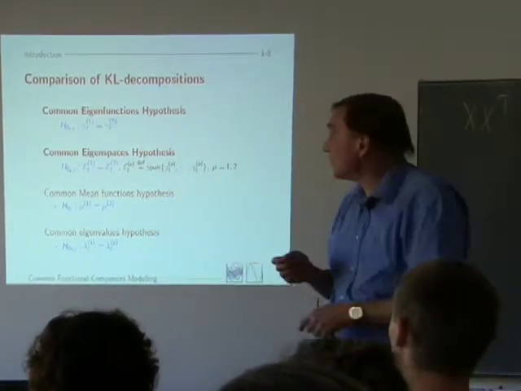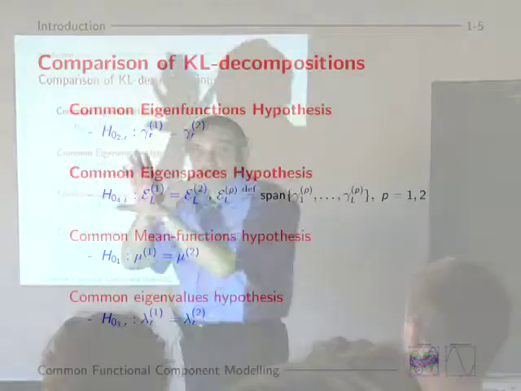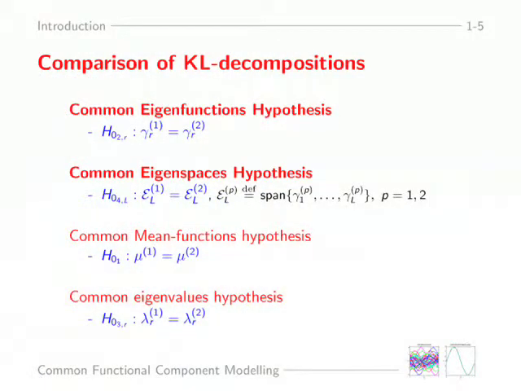So this could be. Nevertheless, the space spanned by the first two principal components would be the same. So they would describe the same space. So this is also an interesting hypothesis: they may be different, but nevertheless they generate the same space. So you can approximate them by the same basis functions. Which will also say in a way that this functional structure is identical, only realized in a different manner.